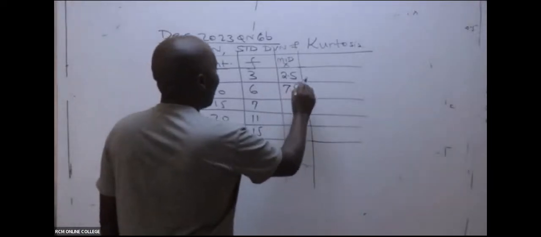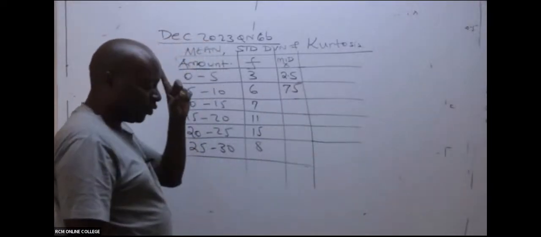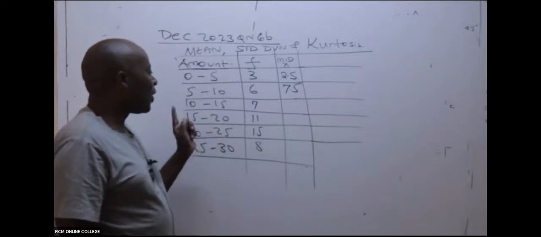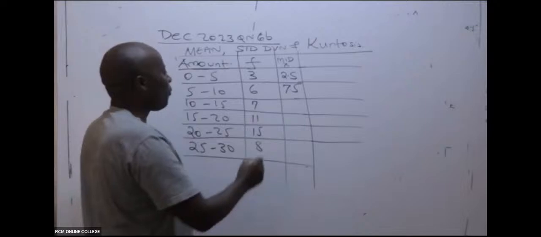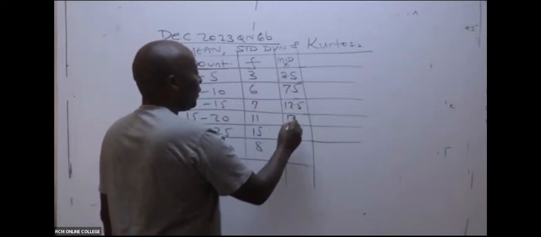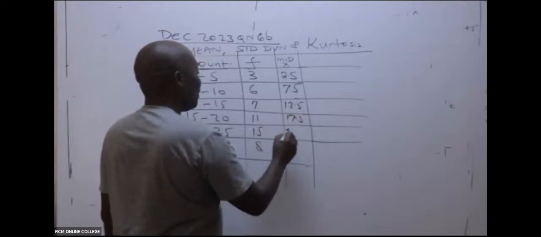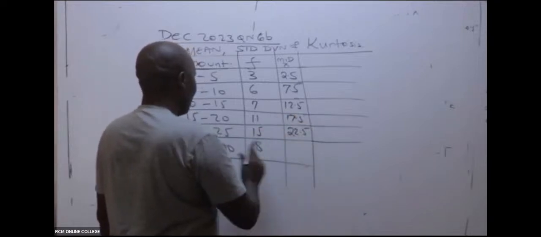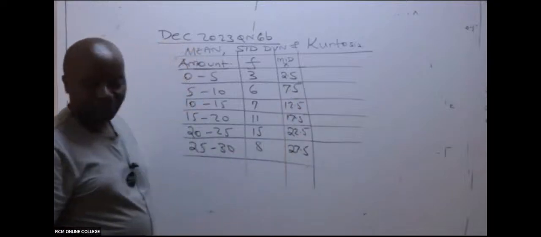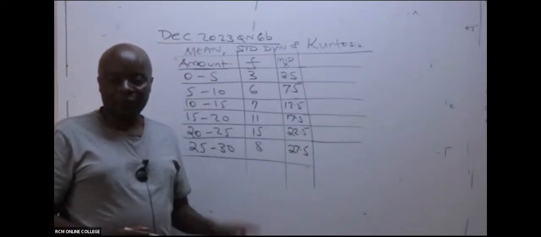Then 10 plus 15, 25, divided by 2 gives 12.5. Then 17.5, 22.5, then 27.5. That is the first thing I will do.